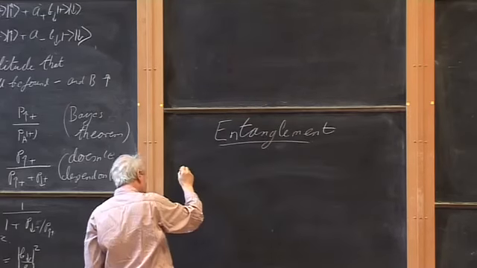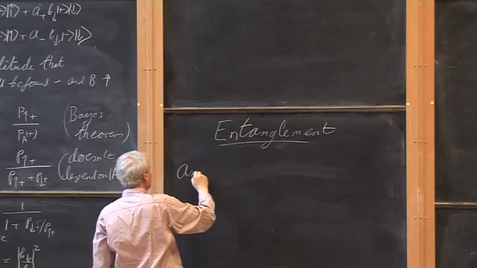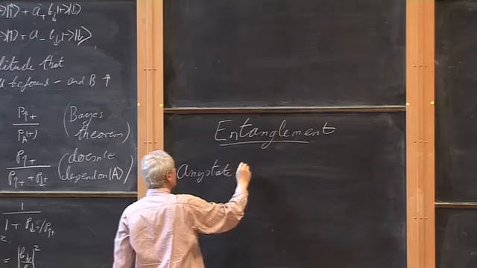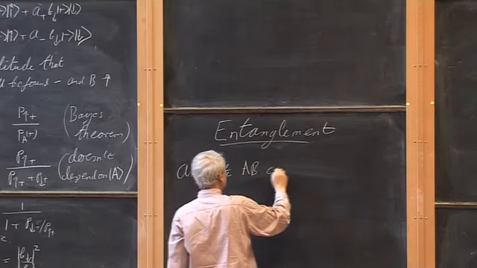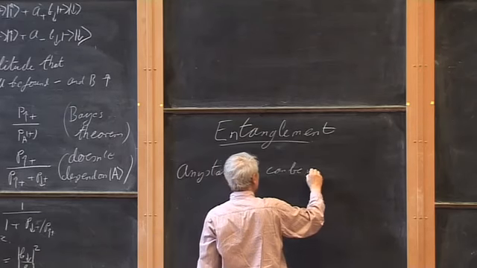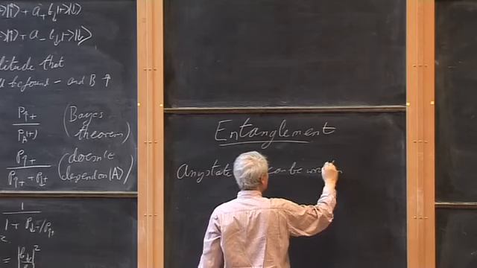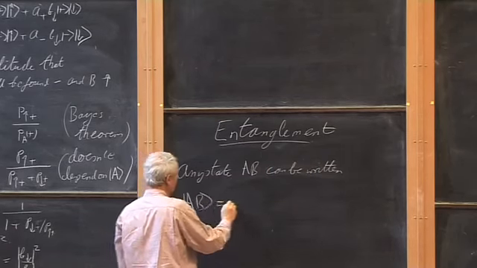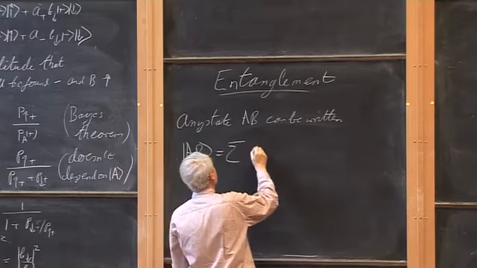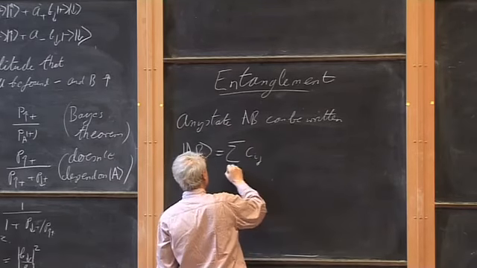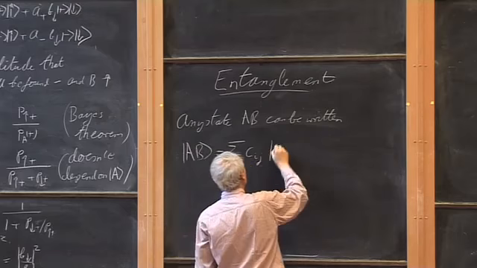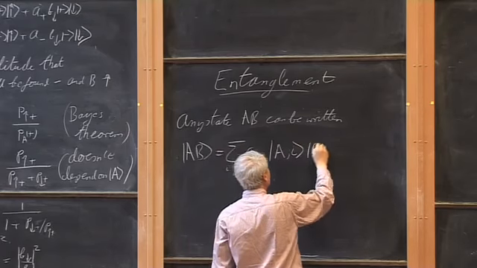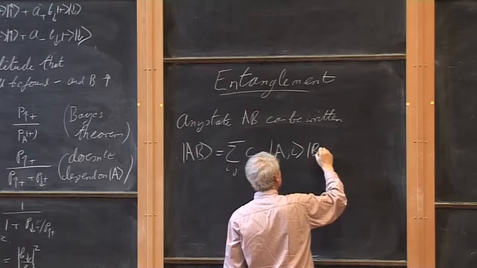Any state of AB can be written as the sum over i and j of C_ij times the state A_i, B_j.